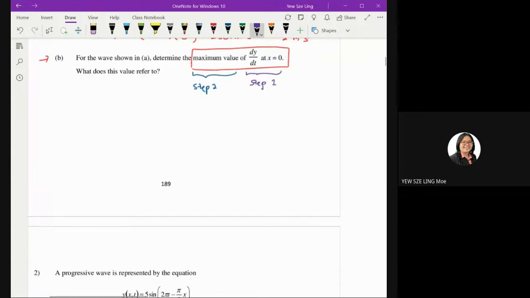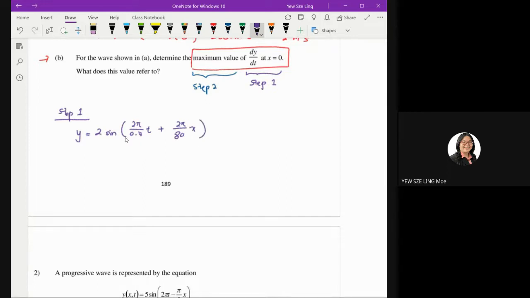We want to determine the value of dy over dt at x equals 0 first. So step 1, we have y equals 2 sine, I'm just going to write it as a whole, (2 pi over 0.4)t plus (2 pi over 80)x.